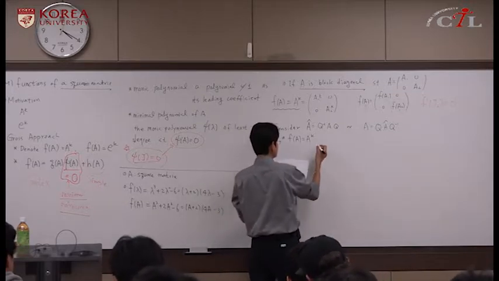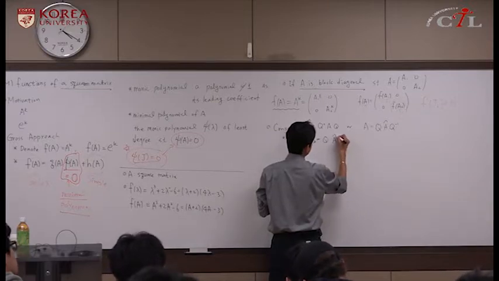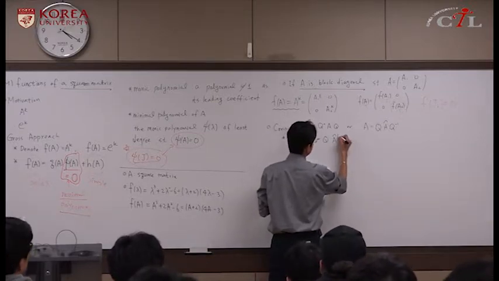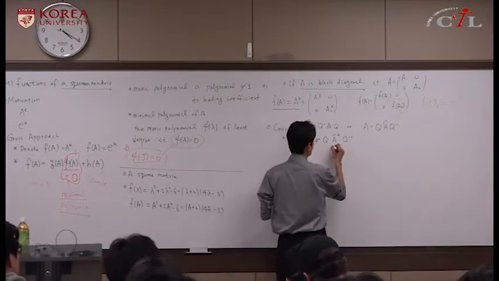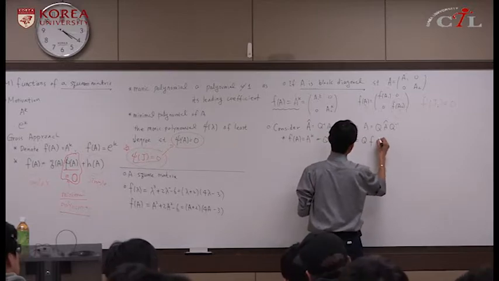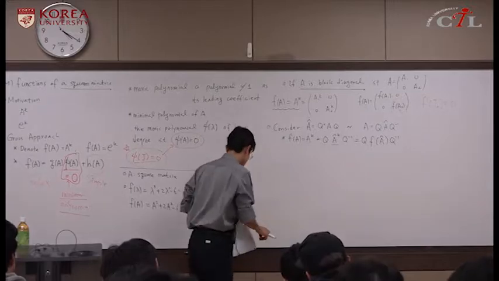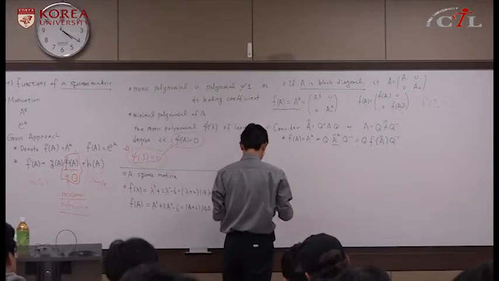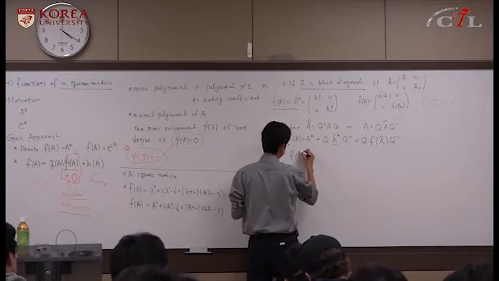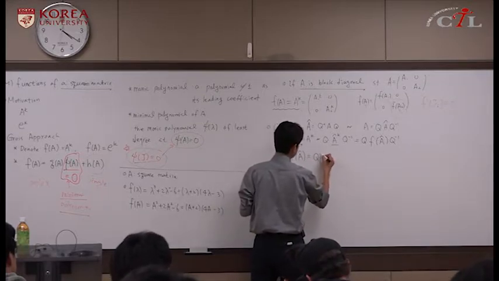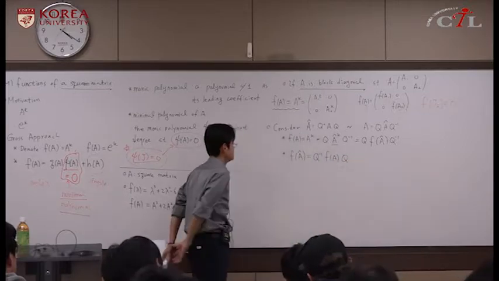Then this A^k is Q A hat^k Q inverse, which means the center part is Q f(A hat) Q inverse. Therefore, by the same reason, we might be able to write it like this.